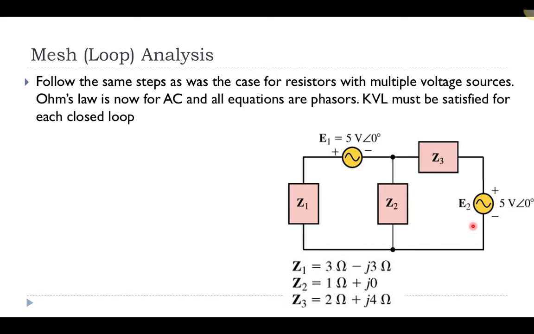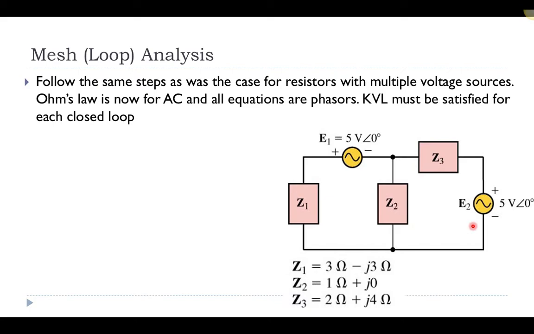So it turns out that we can follow the same steps that were used for resistors with DC voltage supplies, and we can use the equivalent of Ohm's law for AC and all the equations that are in phasor notation and apply Kirchhoff's voltage law around each of the loops.